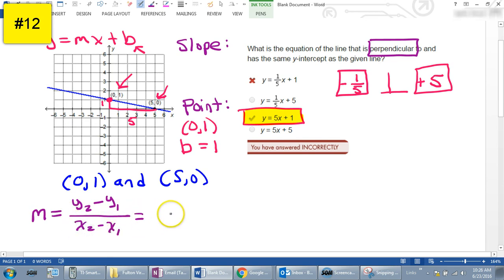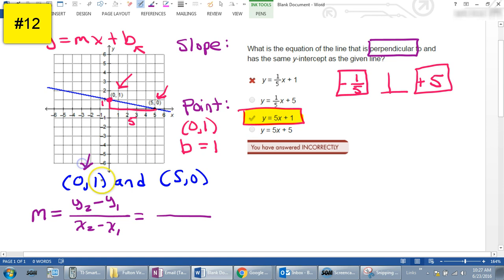Okay, so we could have used that if we had wanted to instead of counting squares, or to double check if we weren't sure. So they didn't give us the graph. Yeah, exactly. If they just said blah blah blah, instead of giving the graph, they could have said, you know, passing through the points 0, 1 and 5, 0. Give me the equation of a line perpendicular to that. That's all they had to say.